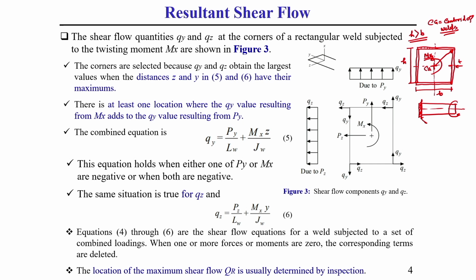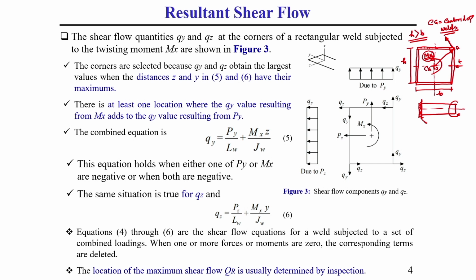Let this centroid be O and this be point A. It will act perpendicular to the line OA, and its direction depends on the direction of Mx.